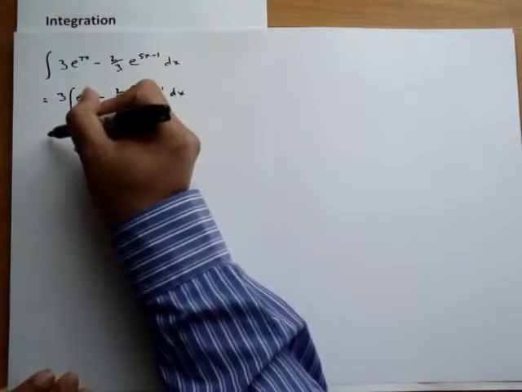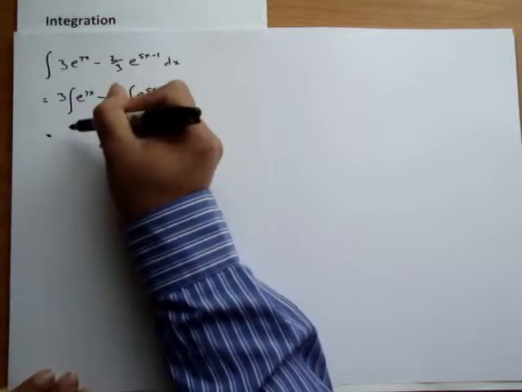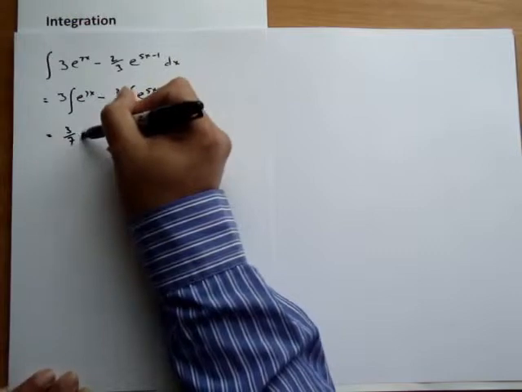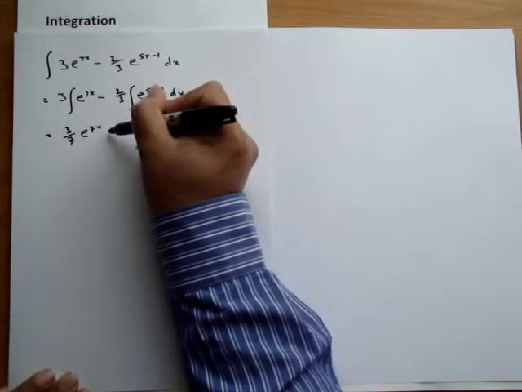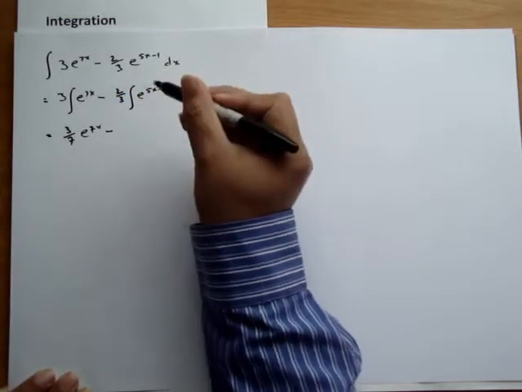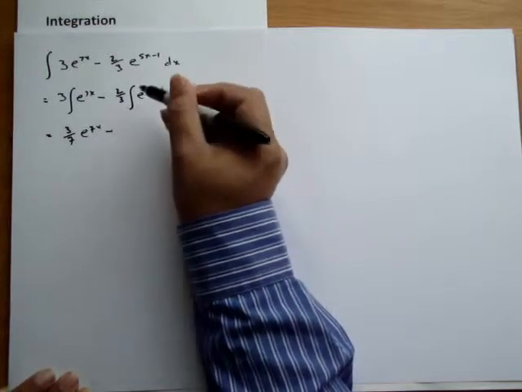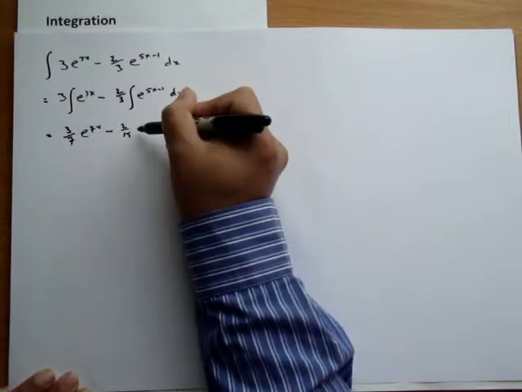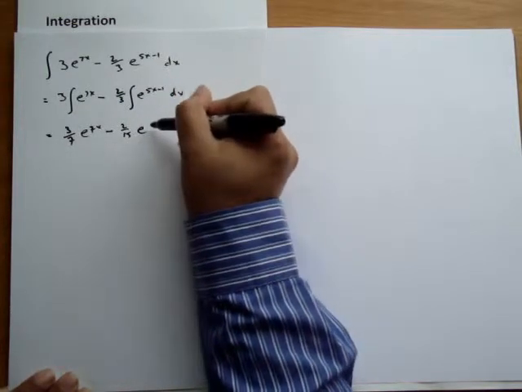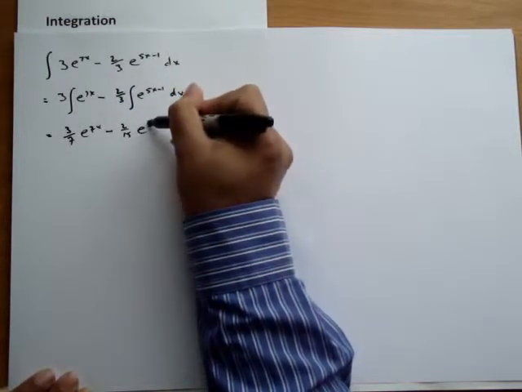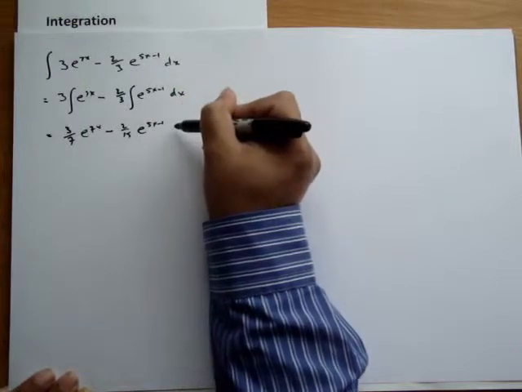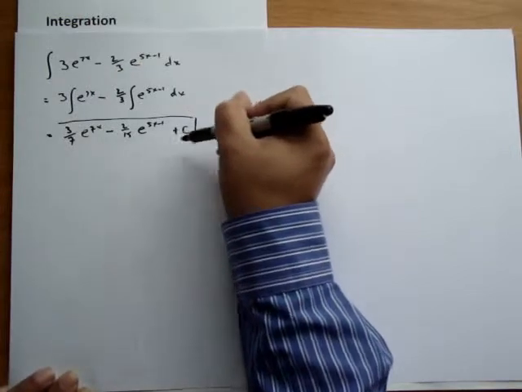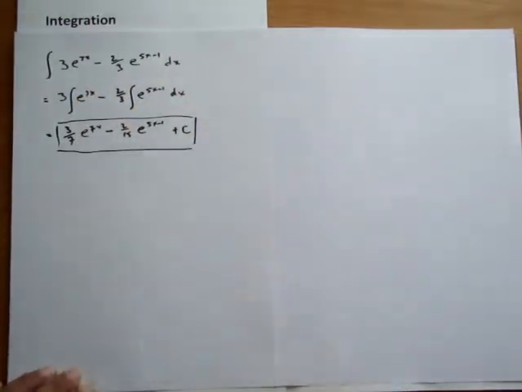Now this one becomes 3 over 7 e to the 7x minus, so it's 2/3 times 1/5, which is 2 over 15 e to the 5x minus 1 plus c. And that is our answer.